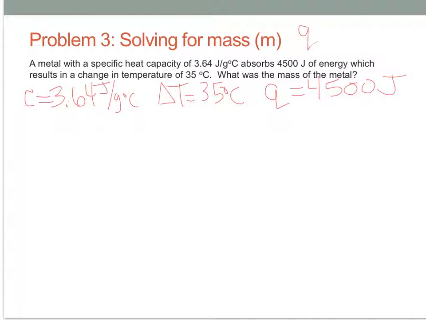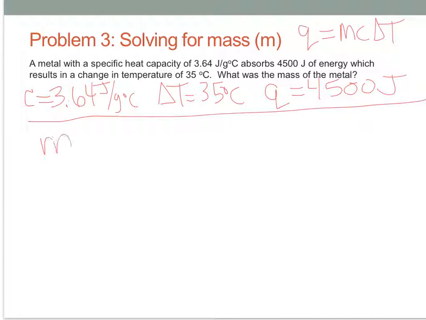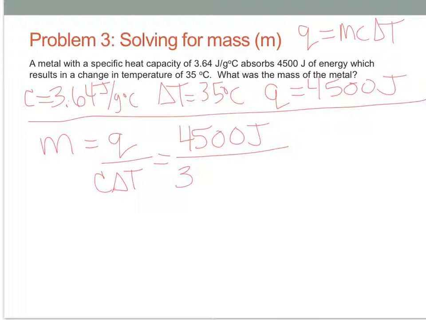And if our equation is Q equals mc delta T, if we rearrange to solve for m, m is equal to Q over C delta T, which is equal to our 4,500 joules divided by our 3.64 joules per gram degree C times our delta T, which is 35 degrees C. So degrees C cancels, joules cancels, and 1 over grams is going to be grams.